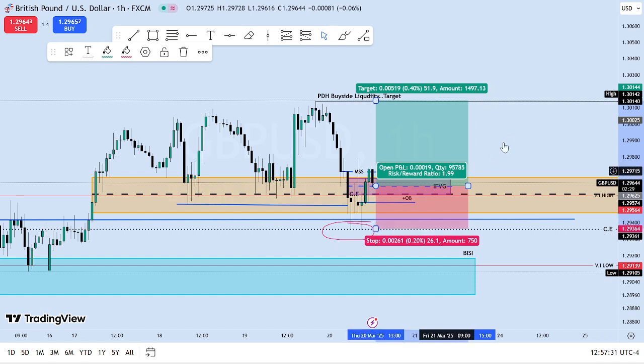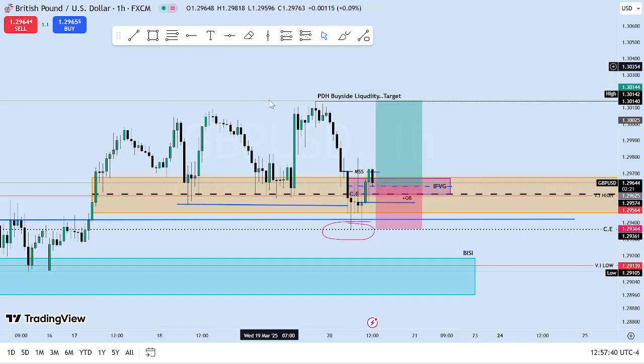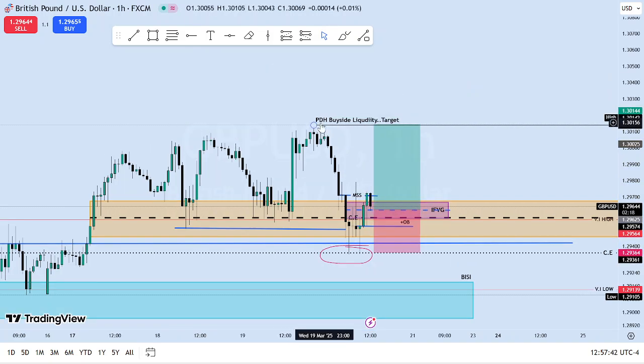So we are risking 1:2. That's a nice trade. As a nice trade, you can enter there, then you take profit at the previous day high. Your stop loss below here, take profit at the previous day high.